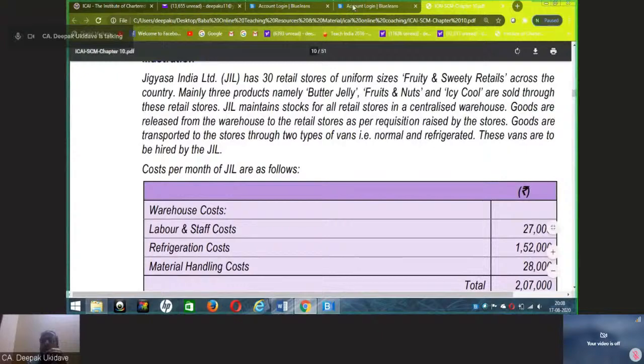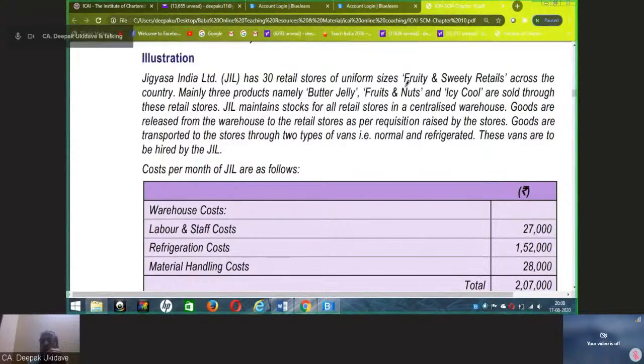Some catchy names are given, so that you can certainly remember the problem while studying. Fruity and Sweetie Retails across the country. Mainly 3 products, namely butter jelly, fruits and nuts, and icy cool are sold through these retail stores. Basically, there are 3 types of products which are sold.